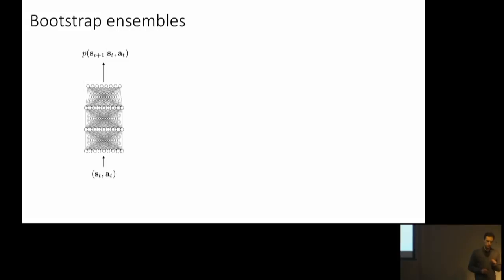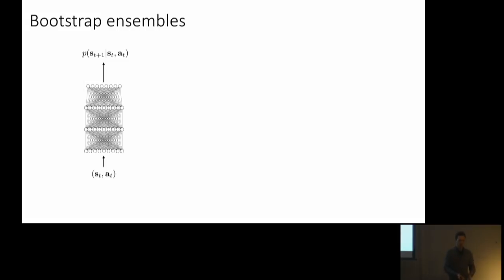We're actually going to talk about a different way of doing uncertainty estimation for neural nets that is very simple and tends to work quite well in practice, especially for model-based reinforcement learning. It's based on something called bootstrap ensembles. The idea is actually very intuitive. In the old way of doing model-based RL that we discussed on Wednesday, we would take a neural network that accepts as input the state and the action and predicts as output a distribution over the next state.